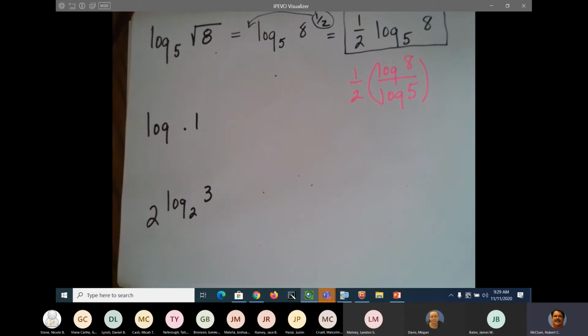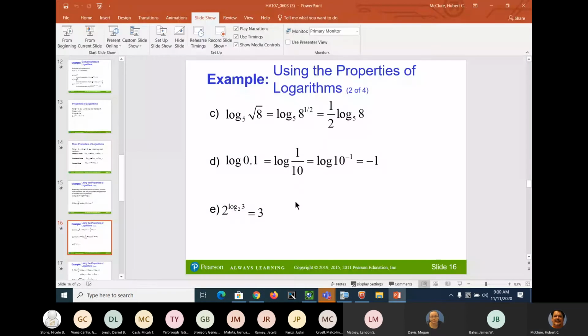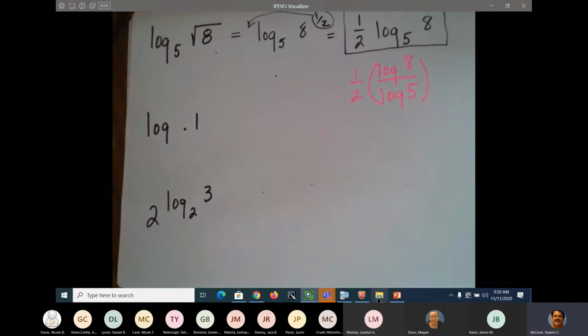Now the next one, there really is nothing you can do except for one of the properties that we've gone over. Well, you could use the, yeah, you could do that. I didn't even think about that. So let's go with changing this to a fraction.